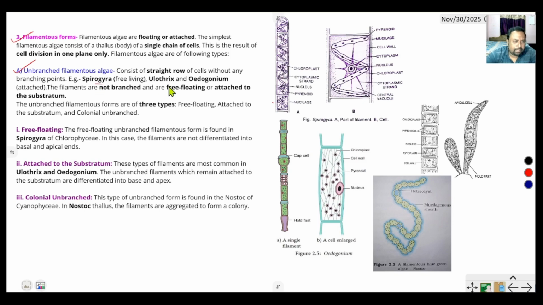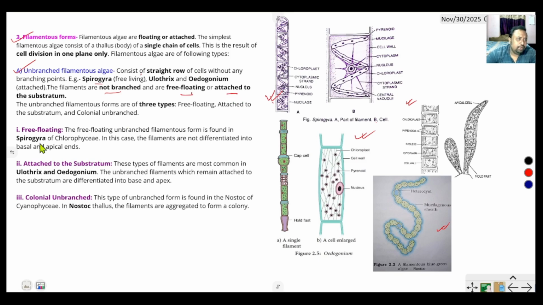Found in Spirogyra, Ulothrix, and Oedogonium. This is Oedogonium, this is Ulothrix, this is Nostoc. The filaments are not branched and are free floating. There is no branching, and they either float freely or are attached to the substratum.